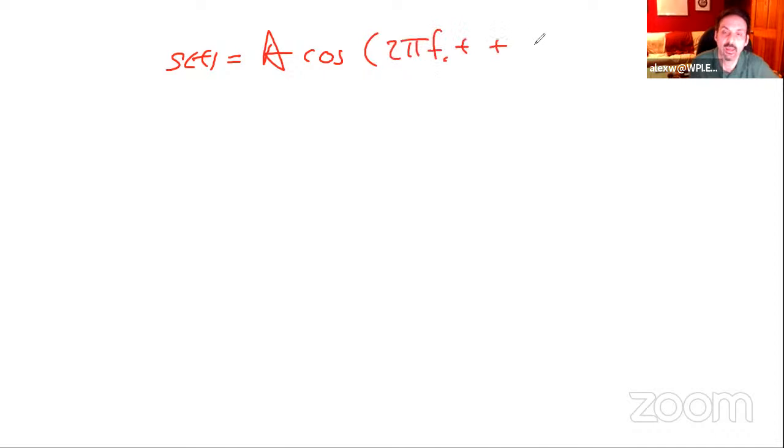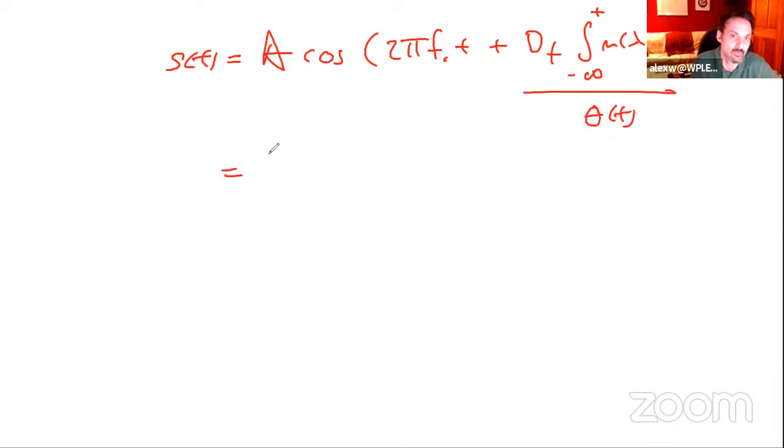And then we had this, from minus infinity to t, m of lambda, d lambda, right? And then we close that. And this, remember, was our phase term. This whole thing, you might say, where the heck did Wyglinski get that from?